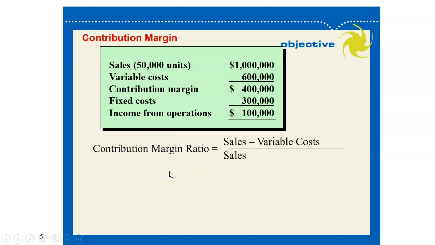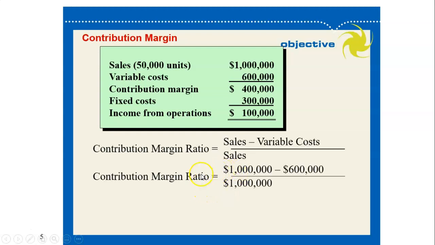We can also calculate a contribution margin ratio. Just like we took gross profit and divided it by sales to get a gross profit percentage, here we take our contribution margin and divide it by sales, and we get a contribution margin ratio.